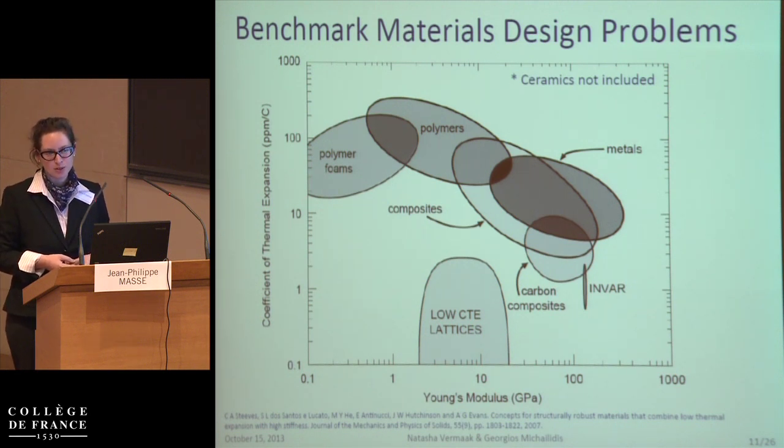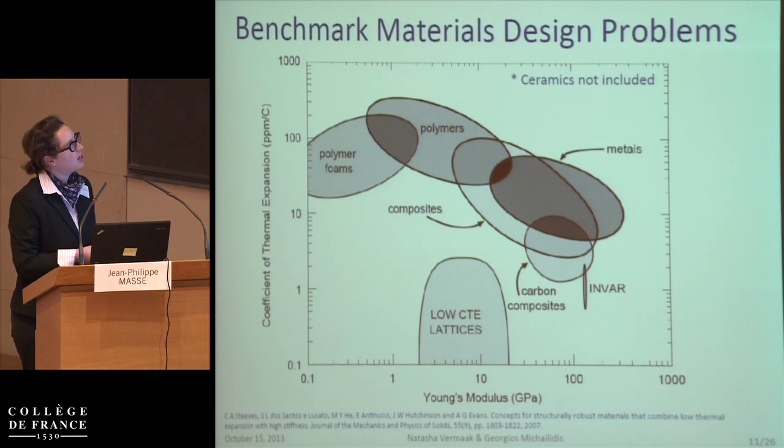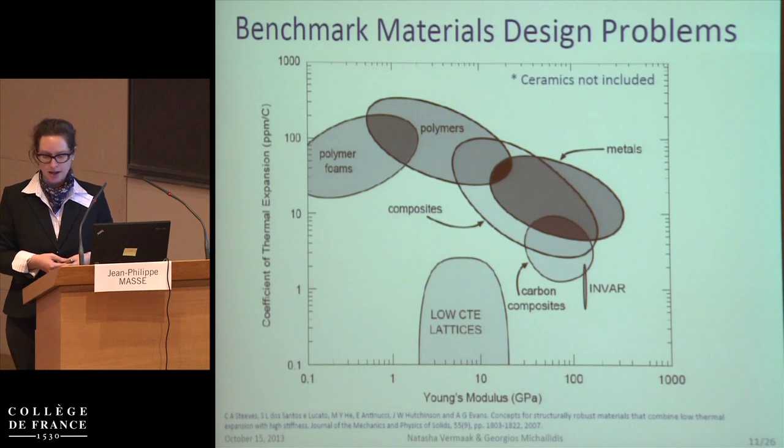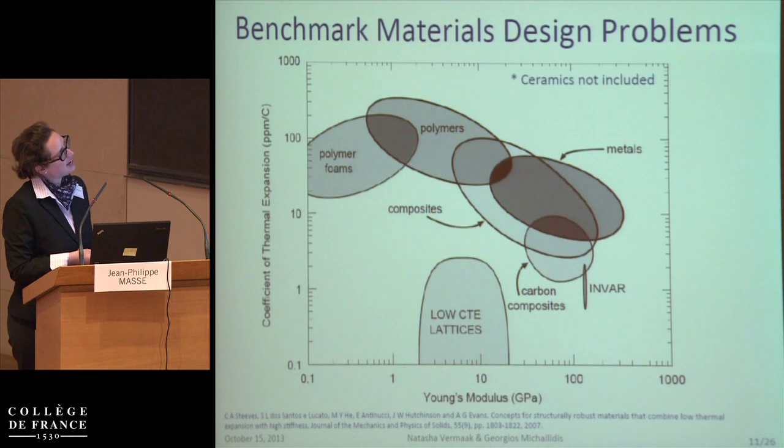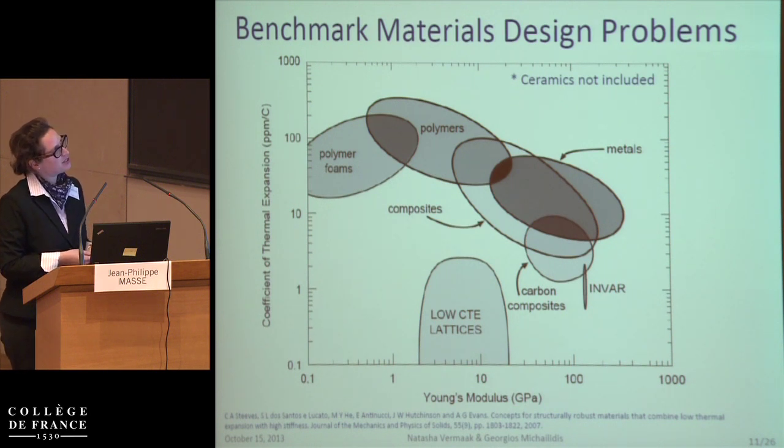So useful in aerospace problems, you would want to have low CTE materials and stiff materials at the same time. So excluding ceramics for now because of my bias and my colleague's bias, we have a population of materials in this space. And our goal then is where you see this insert of low CTE lattices.